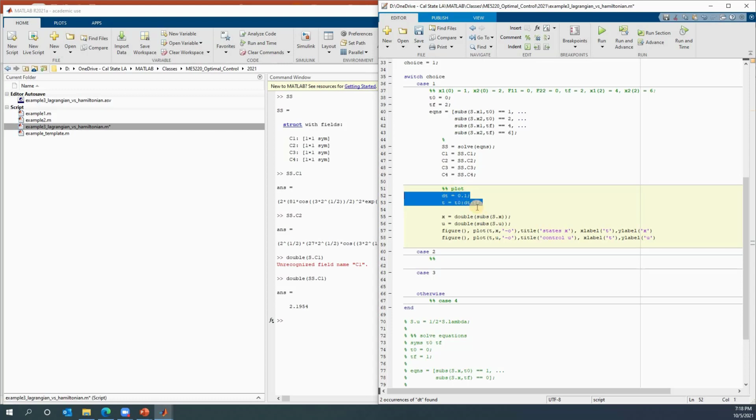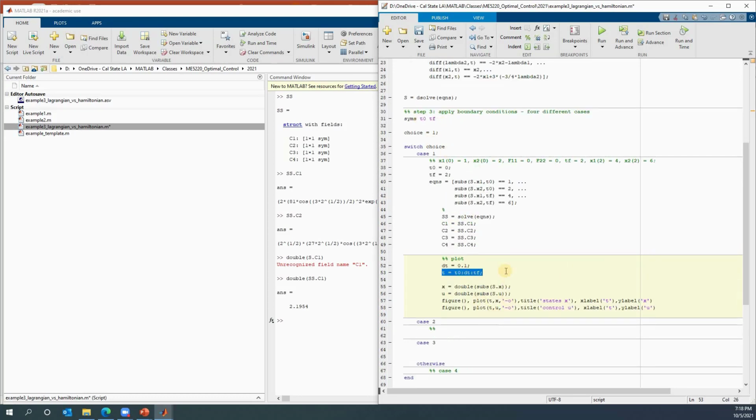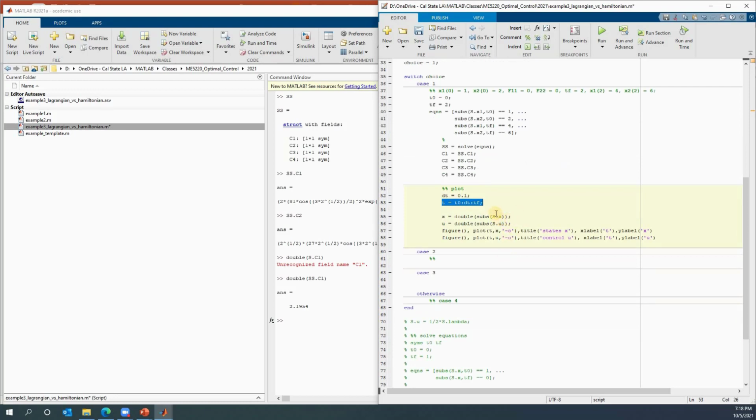Since I use dt and t all the time, so t0 and tf is here. I define that dt is equal to 0.1, and since I'm going to plot it from t0 to tf, here I want to solve the value of s dot x1 and s dot u, but s dot u is not defined, remember.